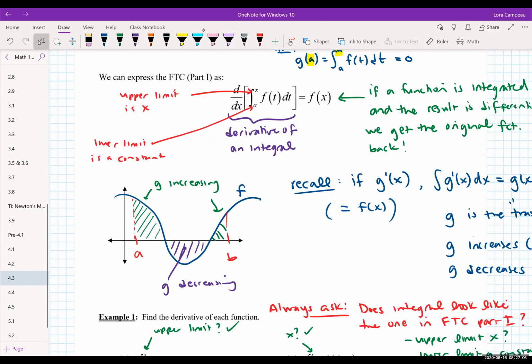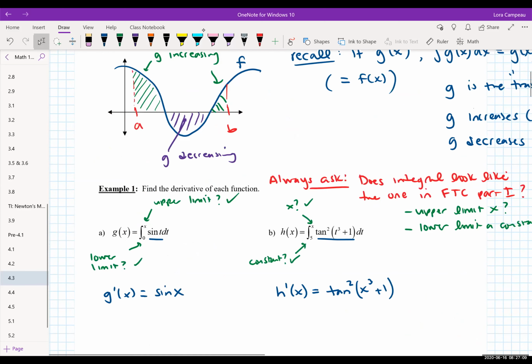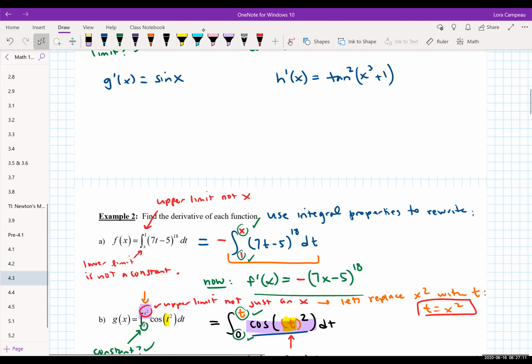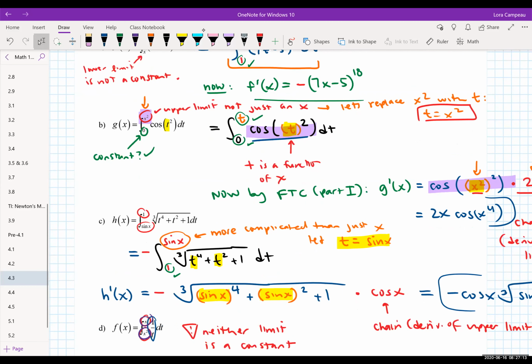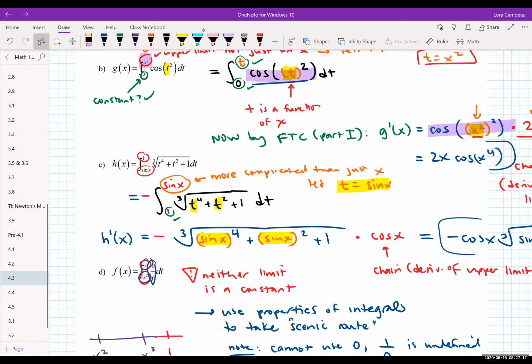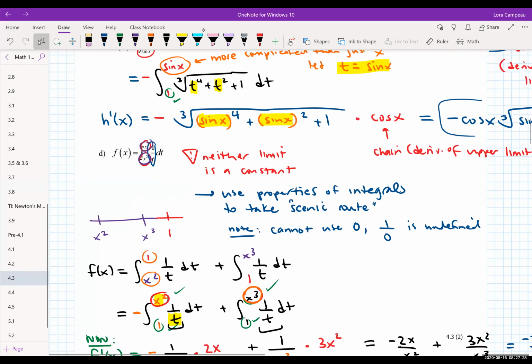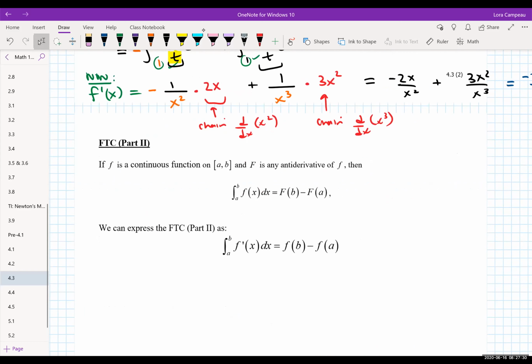And if not, you have to play around with properties to help you rewrite. Or if it's more complicated than just a nice x, then you can still utilize it, but you have to attach on the derivative of that more complicated piece to the end of your function. So hopefully this helps a little bit. Keep practicing with the WebAssign, and I think you'll have it by then.